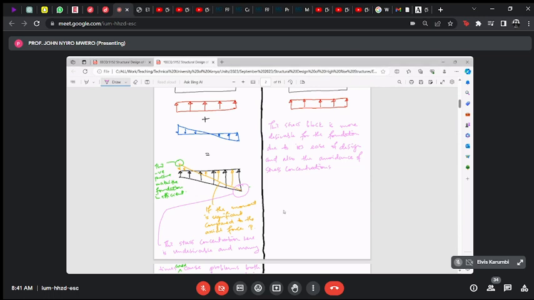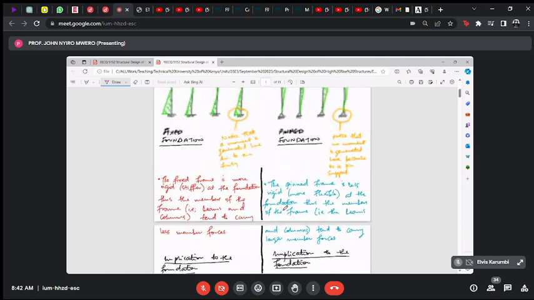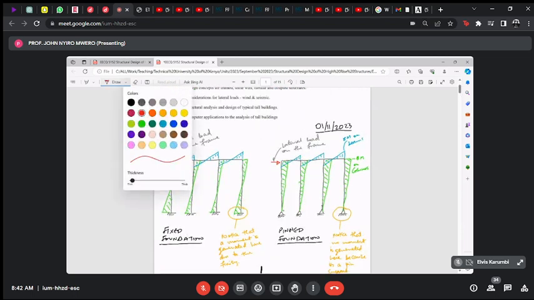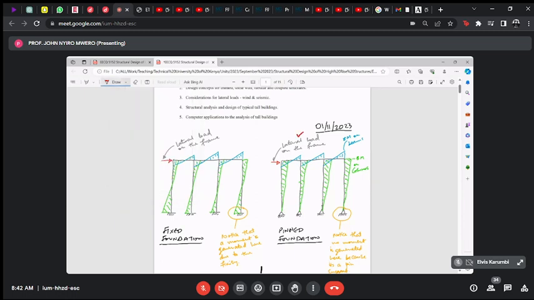Now, with these thoughts, therefore, you will find that a lot of designers, and I'm not saying all designers, prefer to work with this foundation as opposed to this foundation. So it's a preference thing, but it's not cast in stone.